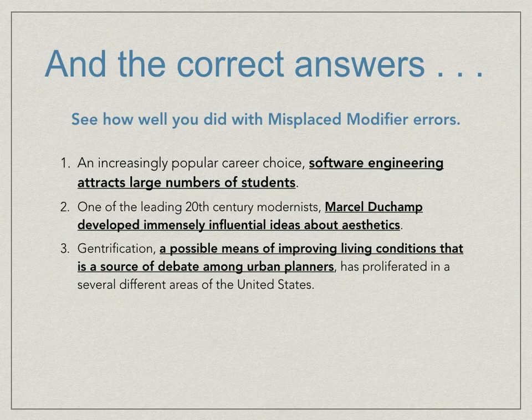Second one. This one was tricky because in the original version we had one of the leading 20th century modernists, but the phrase that came after that was Marcel Duchamp's ideas. Now, you'll notice that when we were talking about misplaced modifier initially, we didn't say anything about possessives.